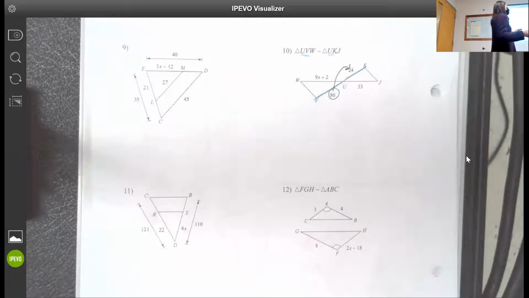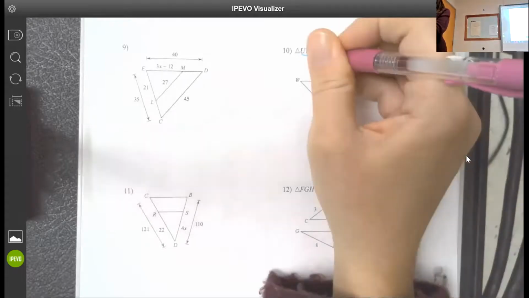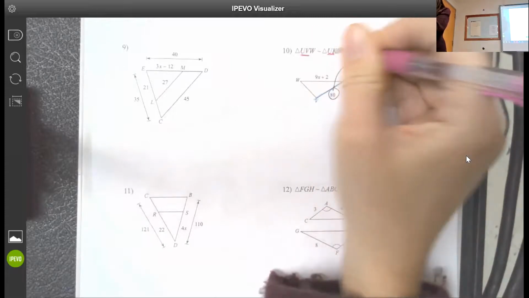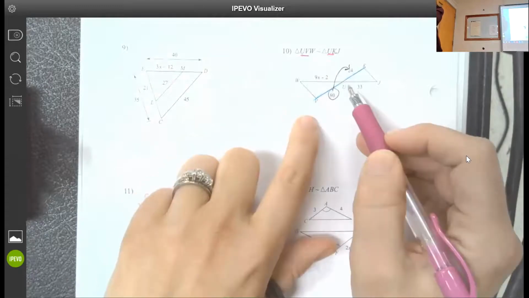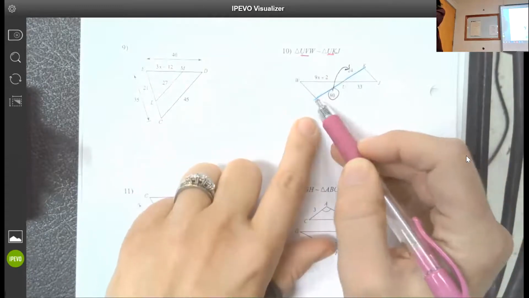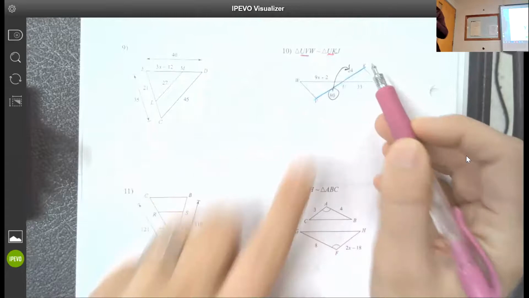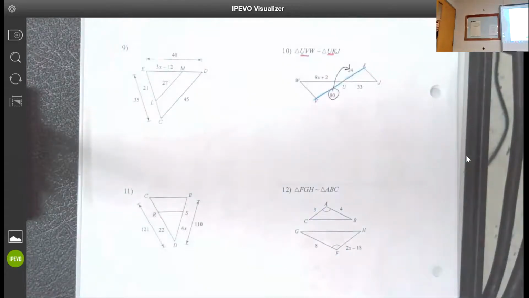This statement, because this is kind of a funky setup, is what's going to help me set up the correct proportion. We talked about this one on Tuesday when I was with the other group. UV and UK are in the same position, so UV here, UK here, that statement is telling me that those pieces match.